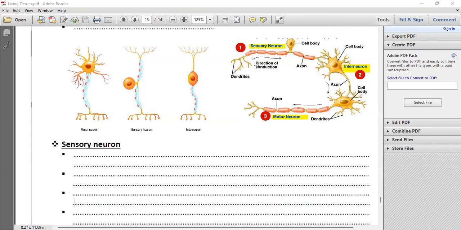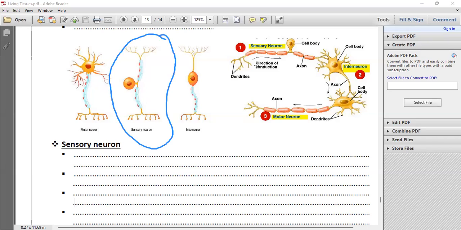If you could see here, this is one of the examples of a sensory neuron. Earlier, when we were talking about the anatomy of the neuron, we discussed that the dendrites arise from the cell body, and the axon protruded only in one direction.